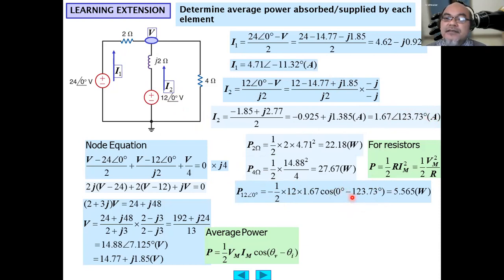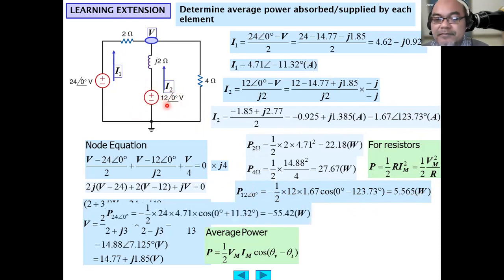Since this is above 90 degrees, we know that the cosine will be negative, so negative times negative is positive: positive 5.565 watt. So we know that this voltage source is absorbing power.